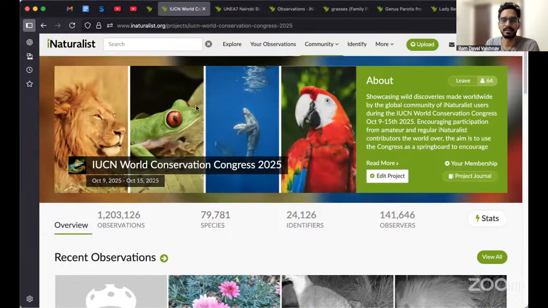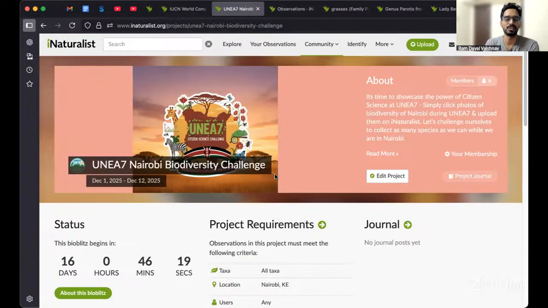Now, as was also mentioned, you can start your own projects and set any criteria for your project. This is another example of an activity we have initiated from the Citizen Science Global Partnership. We named it the Nairobi Biodiversity Challenge, for UNEA 7, the 7th session of the United Nations Environment Assembly.